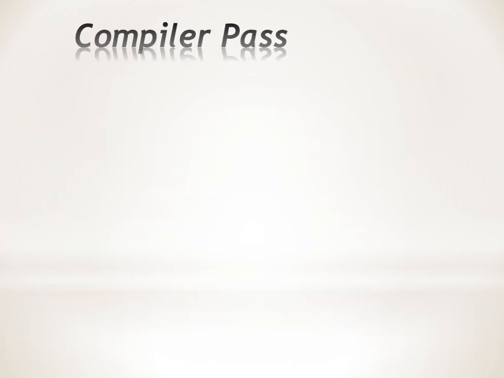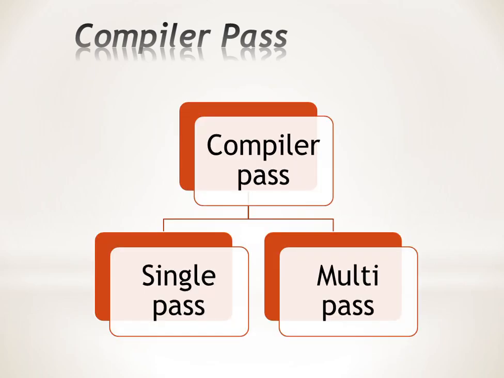So, let's see what is meant by the compiler pass. Basically, compiler pass is the traversal of the compiler throughout the program. When we run the program, in C language or in Java, it goes to the terminal or the compiler.